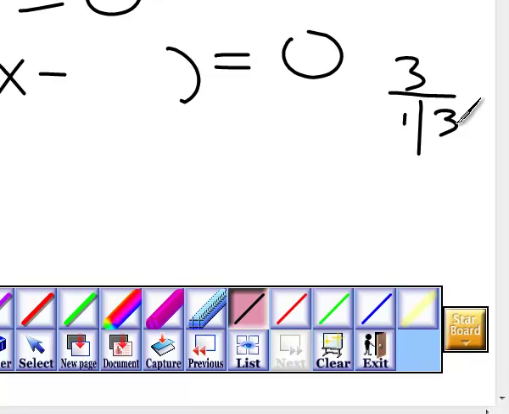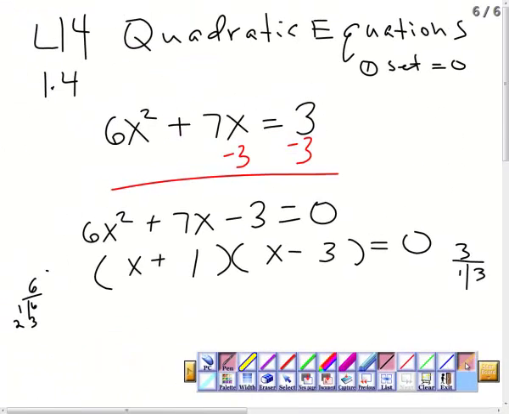Okay, well, what is the easiest set of factors to start with? Factors for 6 or factors for 3? 3, right? So let's just put 3 here and 1 here. That narrows down to these two blocks.